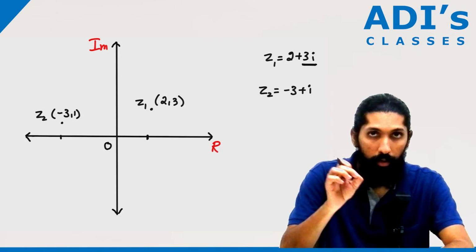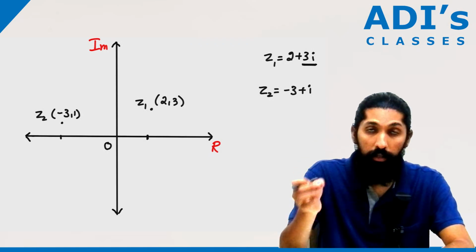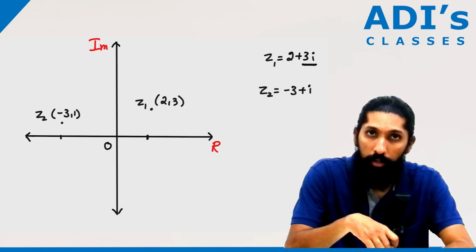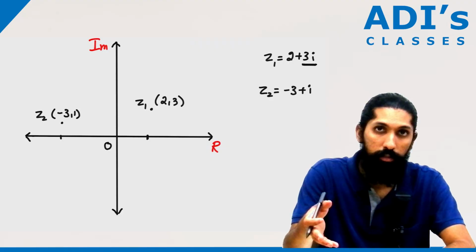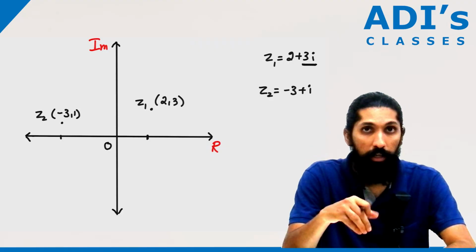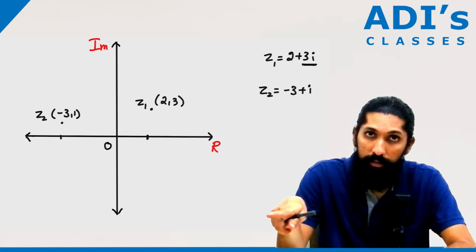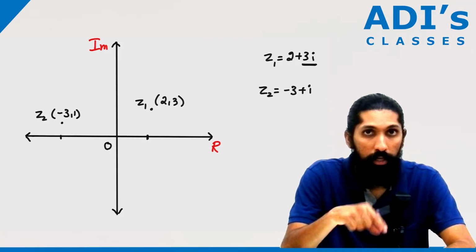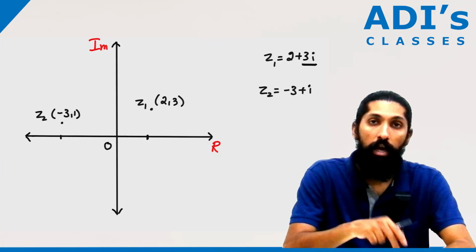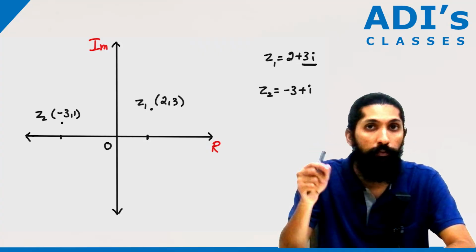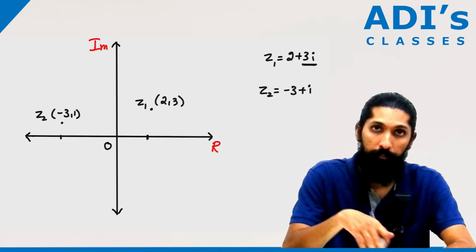Generally any coordinate system works on real numbers. But this Argand plane has one axis as the real axis and one more axis as the imaginary axis. And you can represent any type of complex number in this Argand plane.